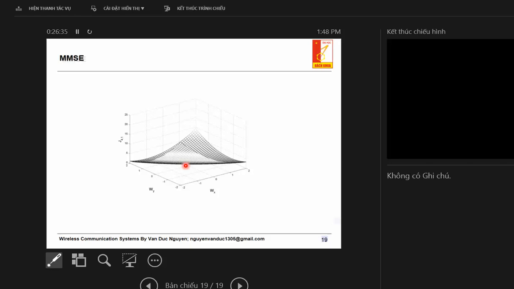Everything is for the filter. And here I show you the cost function. That is the cost function: the expectation of the squared amplitude of the difference between the ideal one and the estimated one, between the ideal channel and the estimated channel, between the received symbol and the transmitted symbol. That is the cost function.